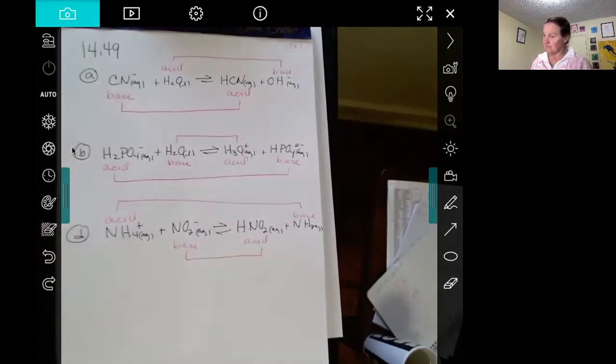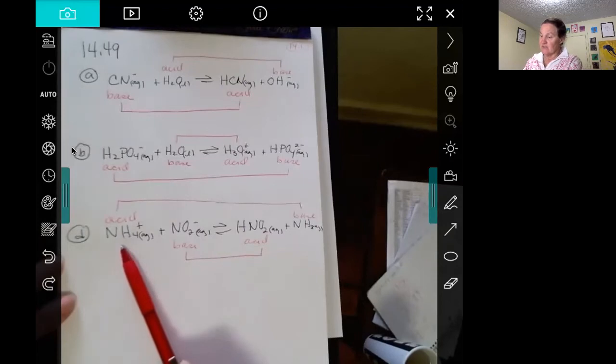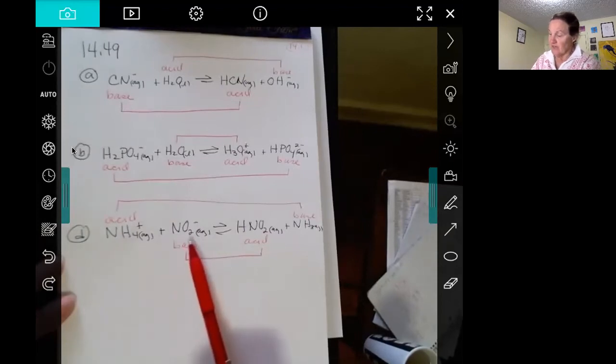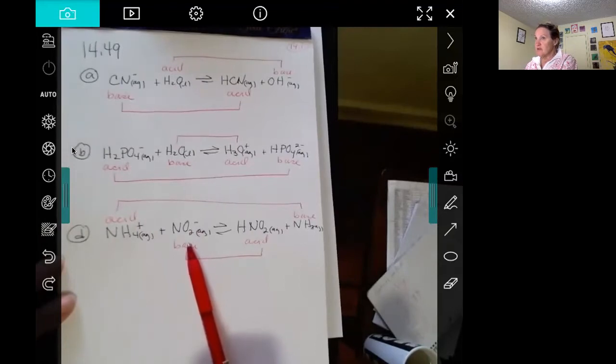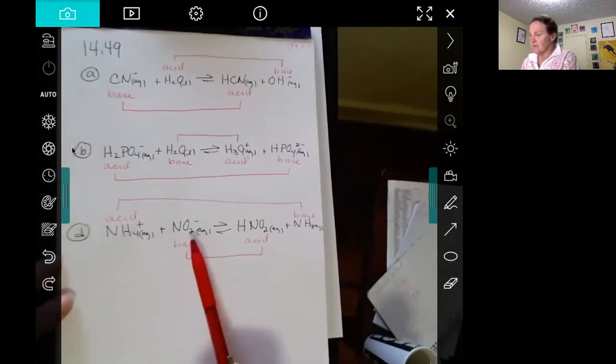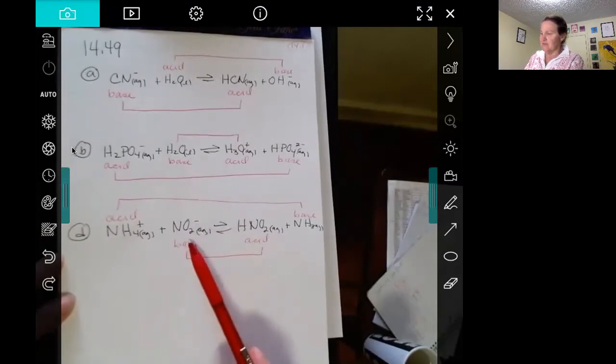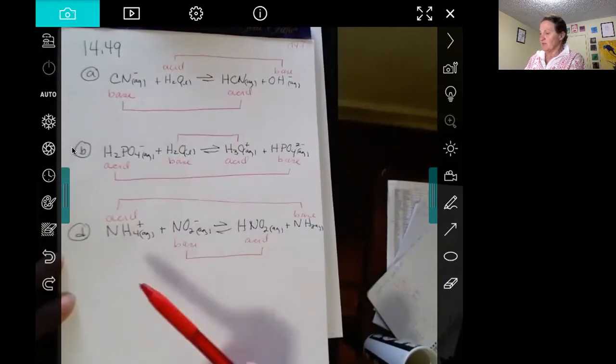You have another situation here, it's not a water reaction, it's a reaction of NH4 plus with the nitrate anion. I can't remember the name of this for a second.